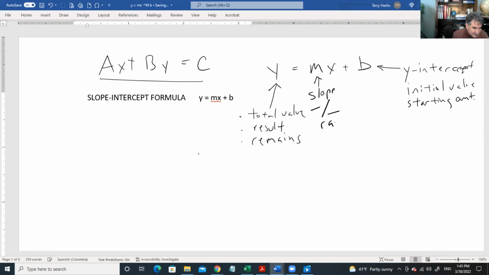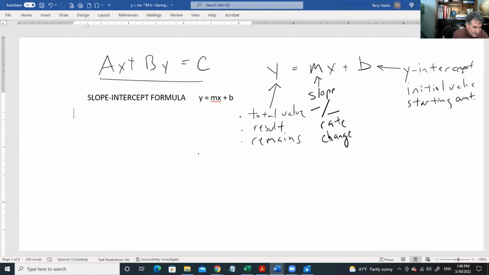It is our change, regardless of what x is going to be. It's going to change by this amount. It's either going to increase, in which case m will be positive, or it will decrease, in which case m will be negative.